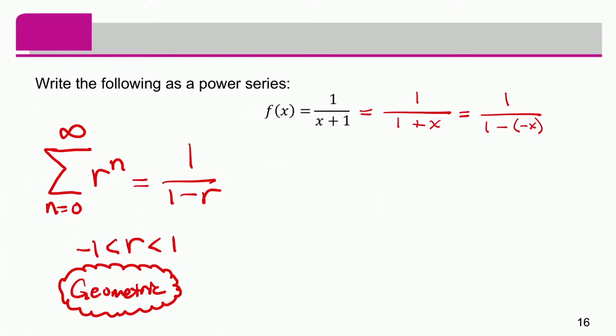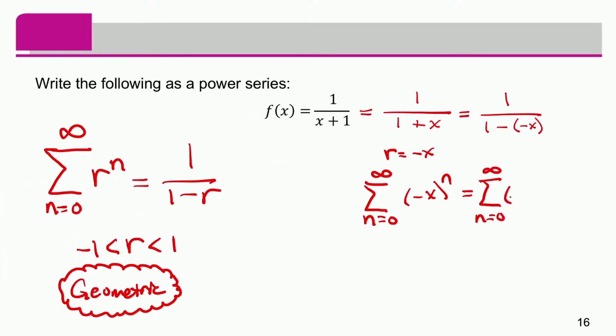Okay, so here's the deal: on the right, I have 1 over 1 minus r. Here I have 1 over 1 minus negative x. And so in this case, my r is negative x. So this thing becomes the sum where n goes from 0 to infinity of negative x to the n, which I can rewrite like this: negative 1 to the n times x to the n.